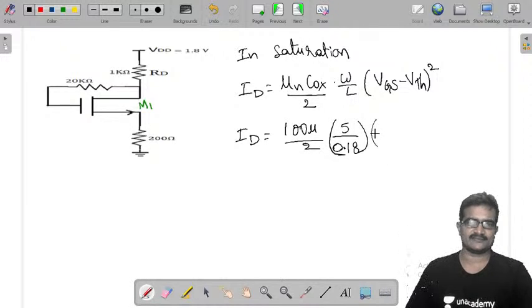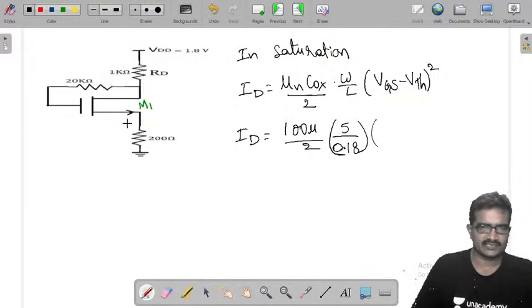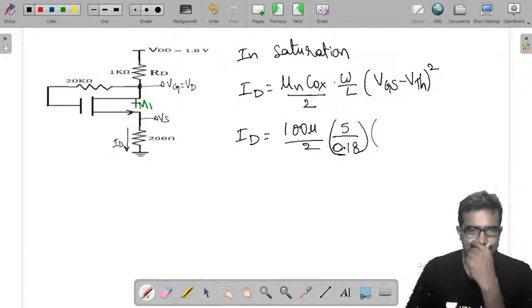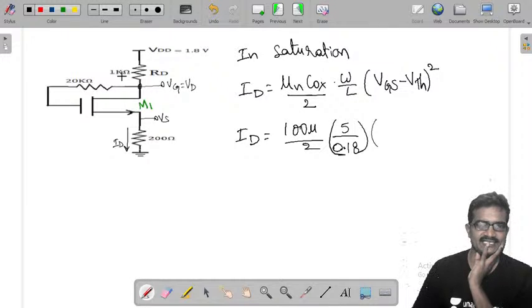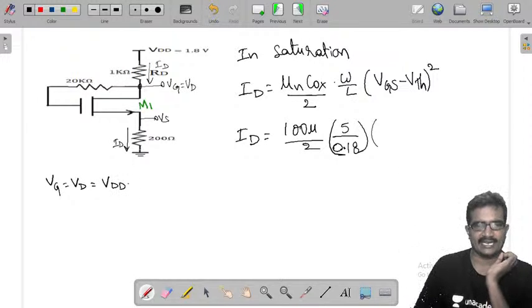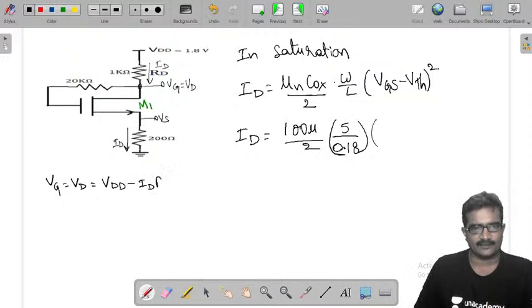And VGS, this is ID. This is voltage at source. This is VG, which is nothing but VD. That is VDD minus ID times RD. So from this we can write voltage at gate is nothing but voltage at drain, which is VDD minus ID times RD.